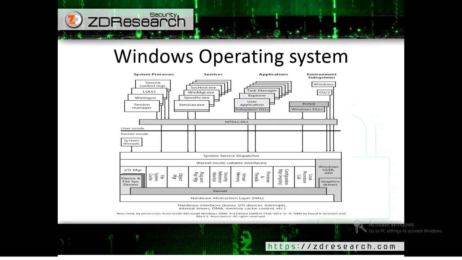This picture is grabbed from the Windows Internals book, and here you can see the concept in this image. As you can see, various applications, Task Manager, Explorer, and other user applications communicate with the kernel mode through the NTDLL module.